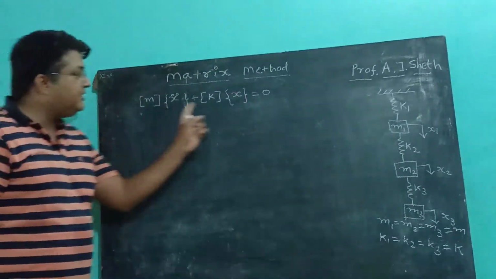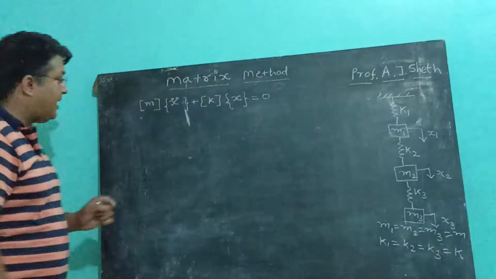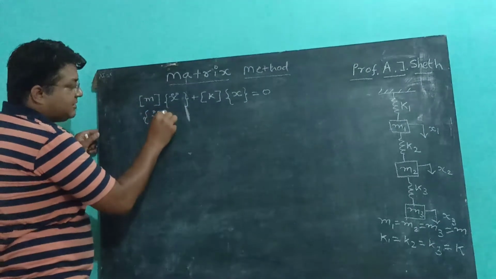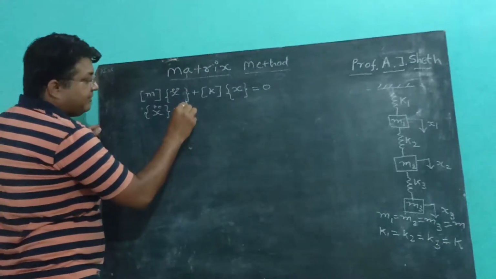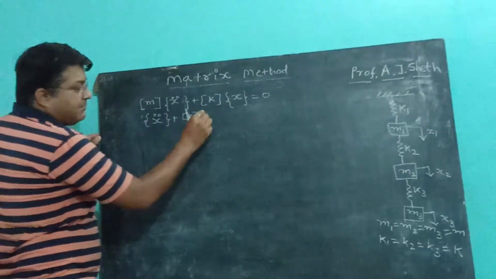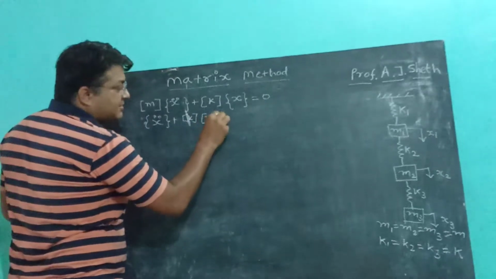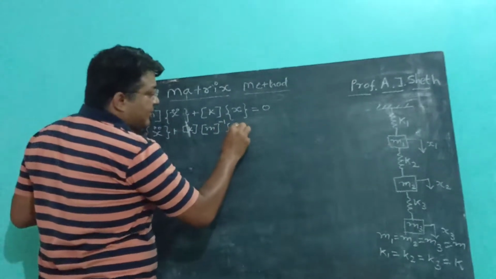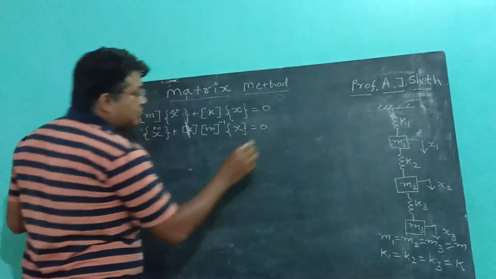Now let us divide the entire equation by the mass matrix. So it will be x double dot plus k by m, and 1 by m is nothing but matrix m inverse, into x, equal to 0.